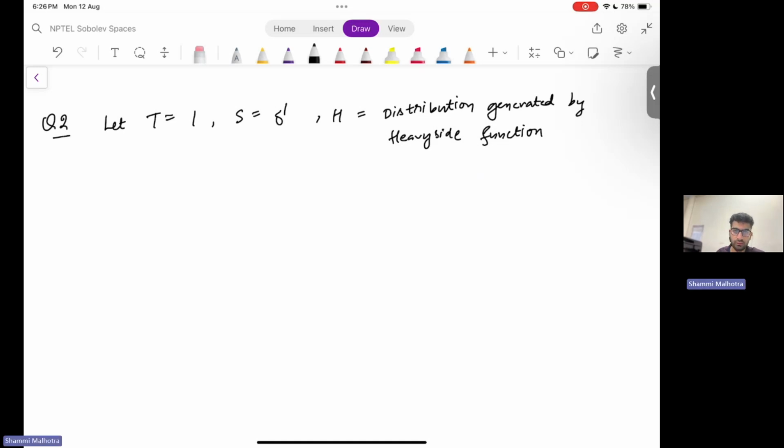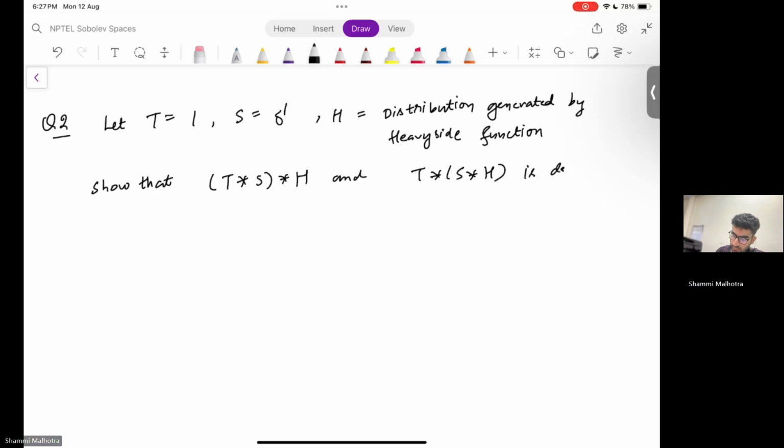So what we will see is that T star S star h and T star S star h are defined, but not equal.